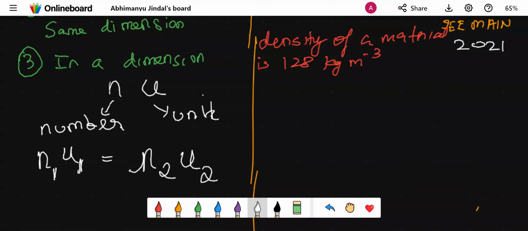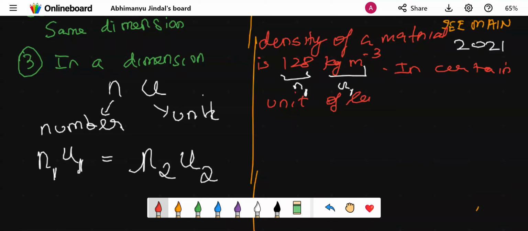So this right here is the number n, this right here is the u. This is n1 u1. Now they're saying in certain units of length, it is 25 centimeter and mass is 50 kgs.